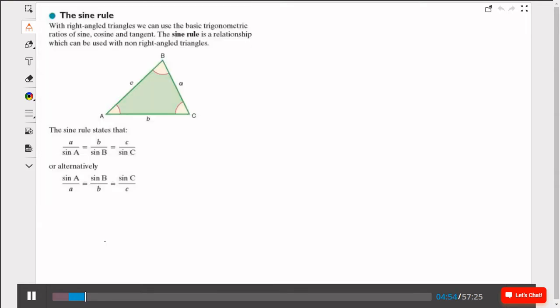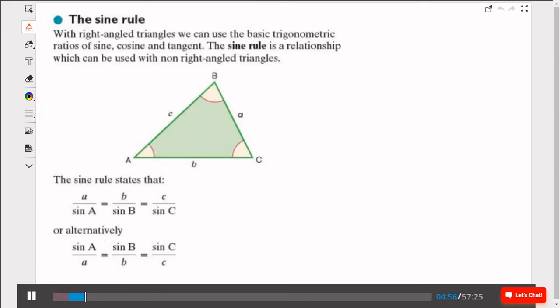Sine rule is this thing. Before we understand this, let me tell you one thing. If you have a triangle ABC, the vertices are given with capital letters: capital A, capital B, capital C. Suppose this angle is capital A. The side exactly opposite to this angle A will be small a.